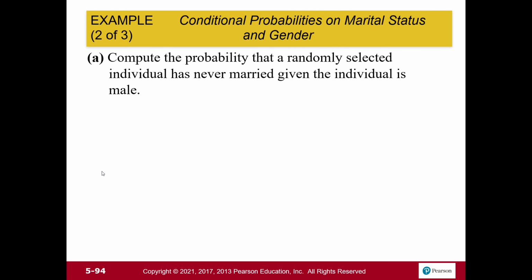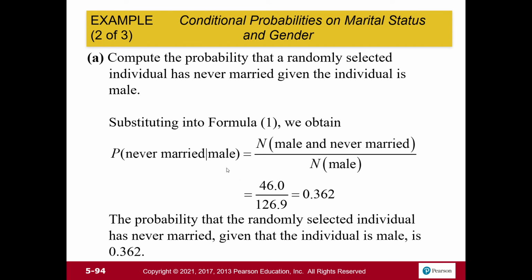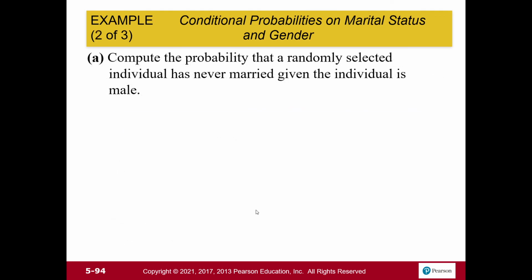So let's look at this. We're getting the probability of 46 over 126. Let's look at how this works. The total number of males, and the fact that there were only 46 that were never married. The probability, therefore, is 46 out of 126.